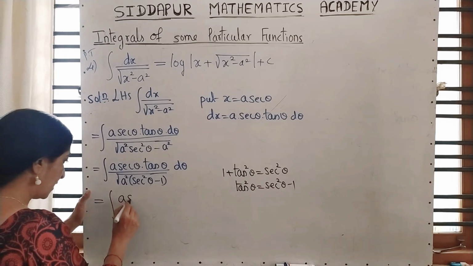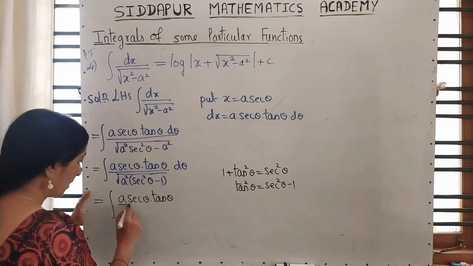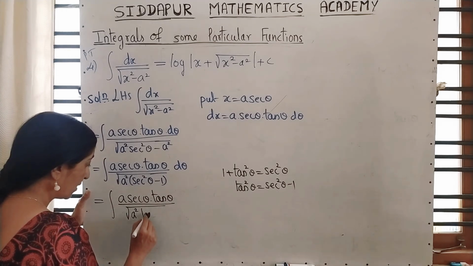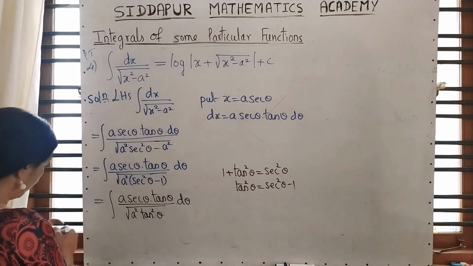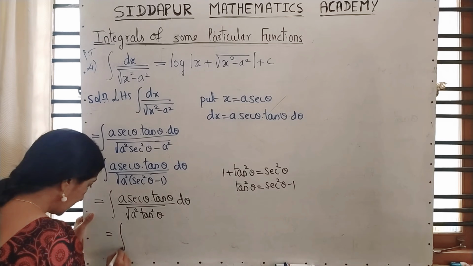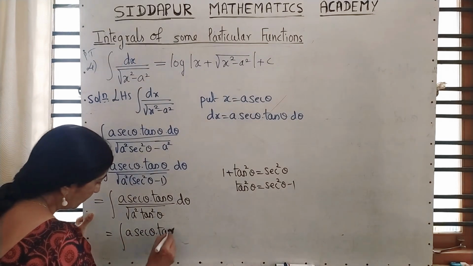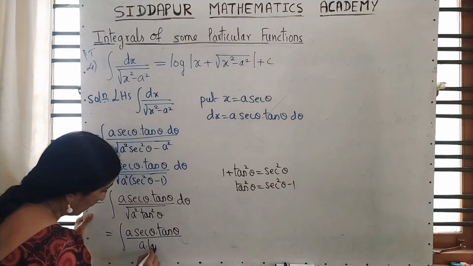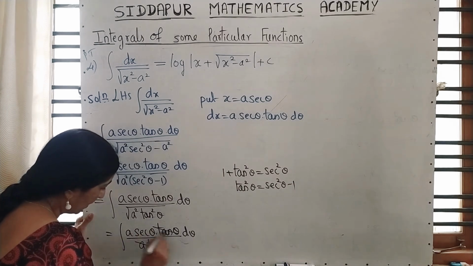It is a sec theta into tan theta divided by root of a square tan square theta into d theta. It is a sec theta into tan theta. Square root of a square tan square is a tan theta into d theta. a tan theta gets cancelled.